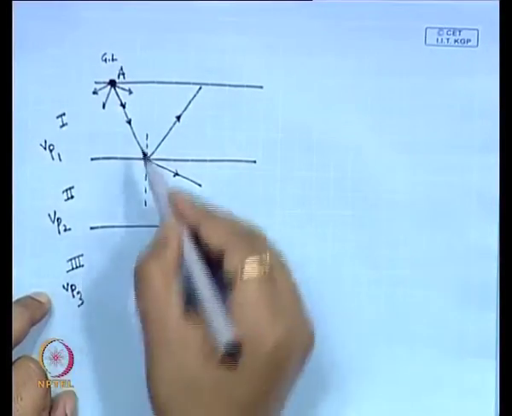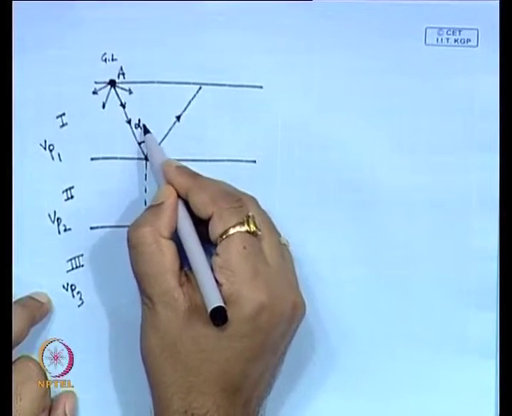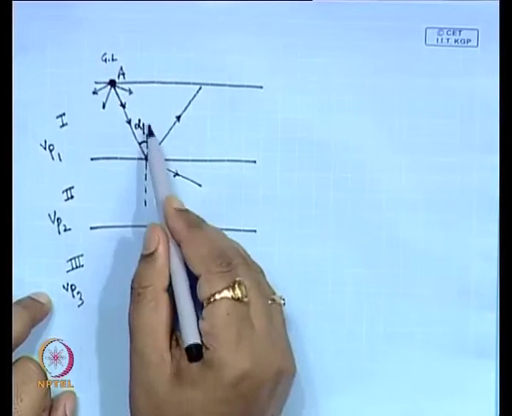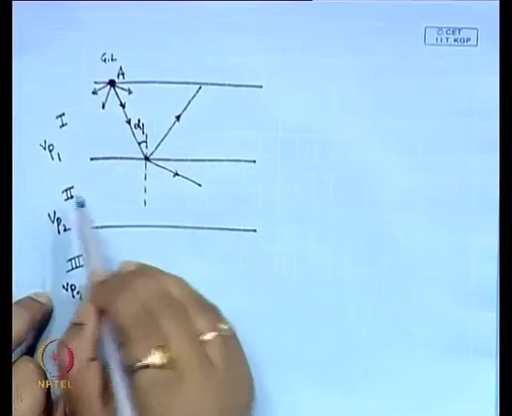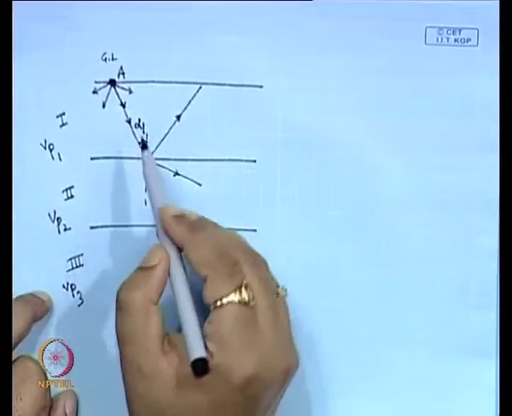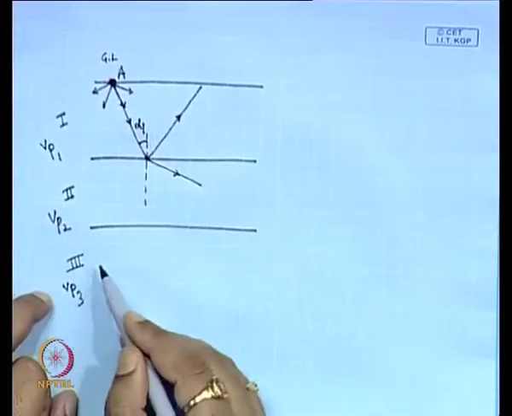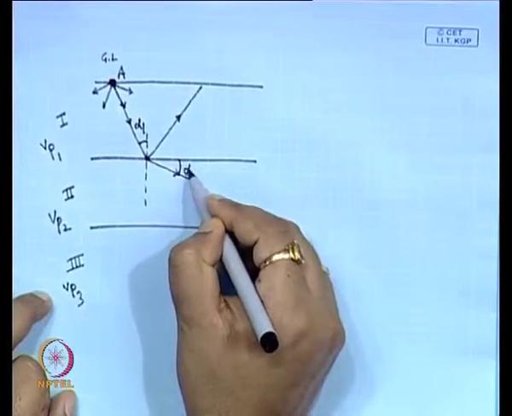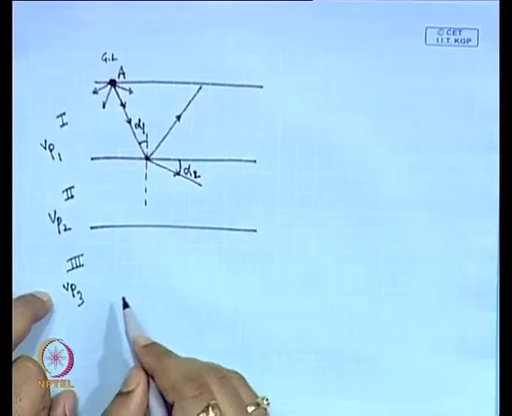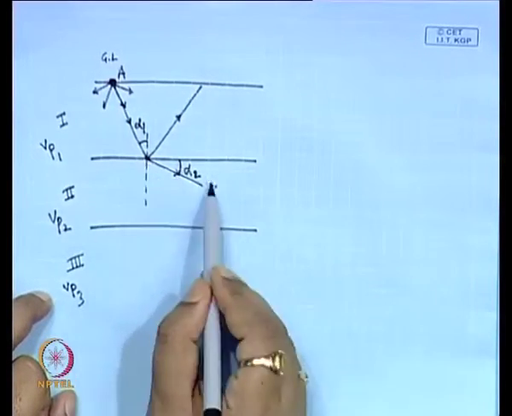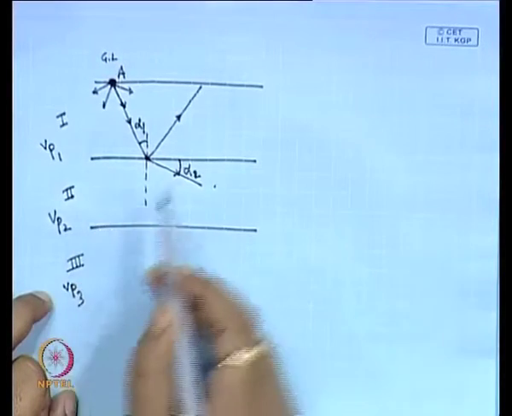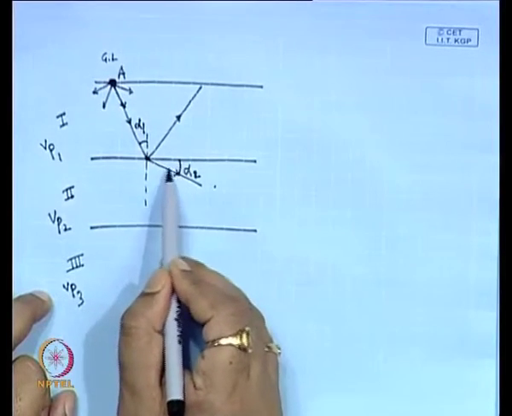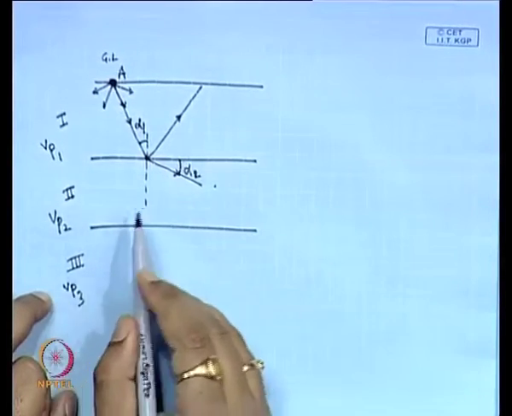Now, this is the angle, say alpha 1, that this ray is making with this perpendicular line. And say another angle, alpha 2, is the angle by which the layer is refracting, which is the angle made with this horizontal layer.